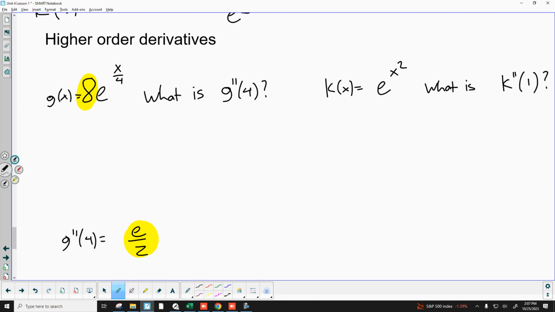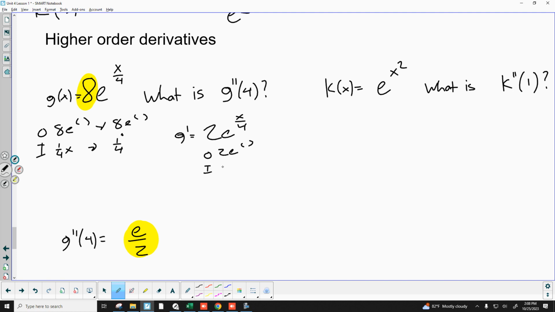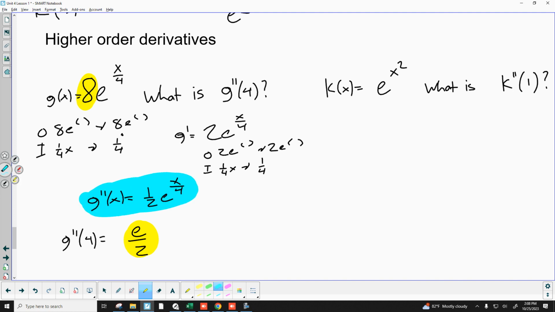Still 1/4, and then we'll plug in 4. I got it right away.